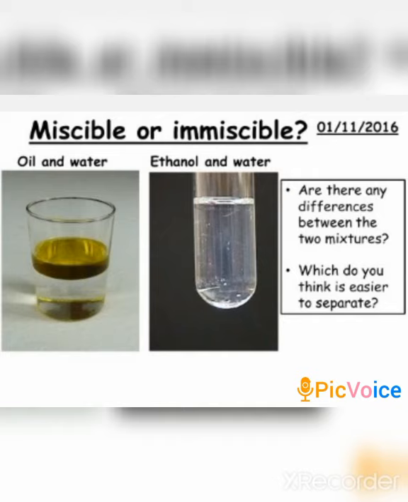But with respect to the miscible liquid, which is ethanol and water, the two have been mixed well together and the separation process is not as easy as with immiscible liquids. Ethanol and water is an example of miscible liquids.